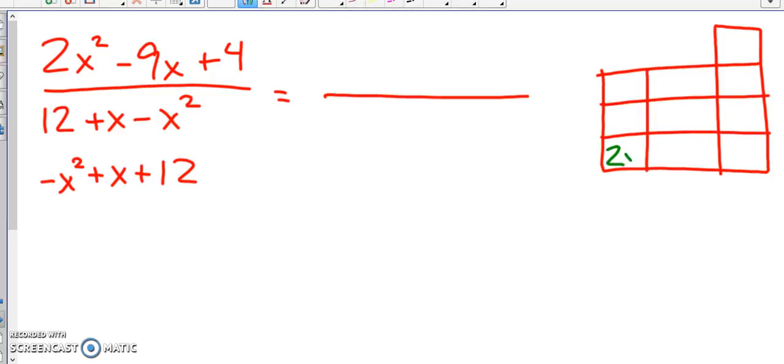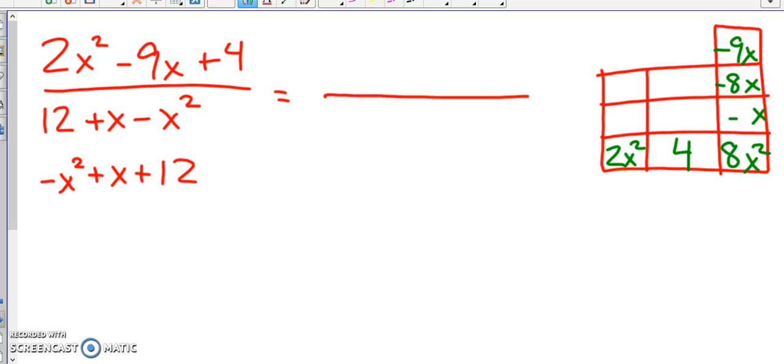I got my 2x squared, my 4 goes there, minus 9x goes there. Multiplying across the bottom, that's 8x squared. What multiplies to give me 8 and adds to give me negative 9? That'd be negative 8 and negative 1.